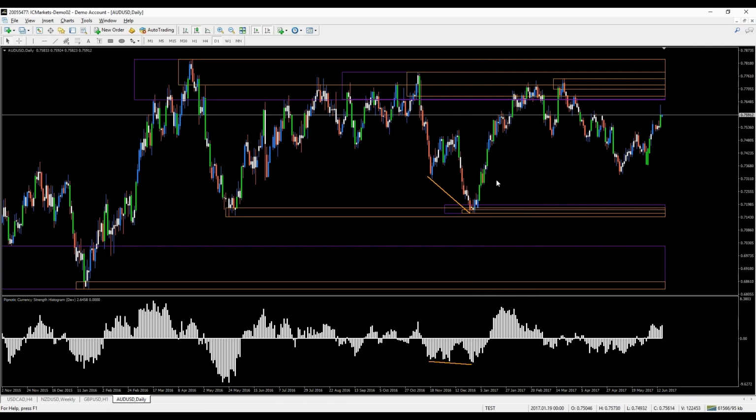And so, all of the tools are very visual. They're pretty intuitive. And my most important piece of advice would be don't overcomplicate it. Just look at the tools, take the information that they're telling you and apply it to your trading decision making. And I think you'll do just fine.